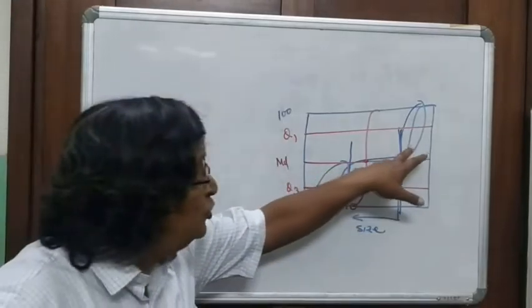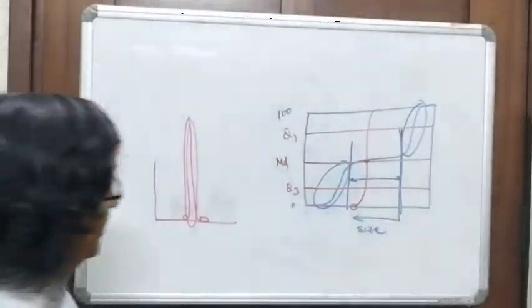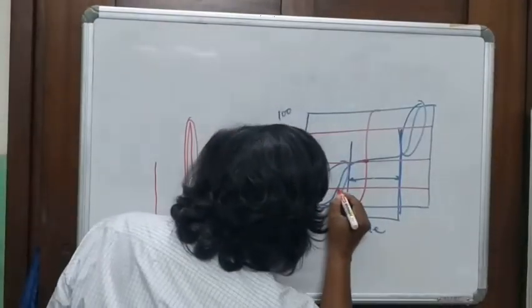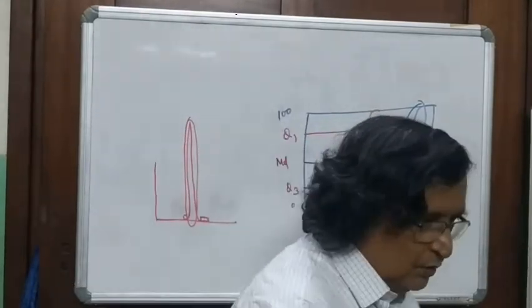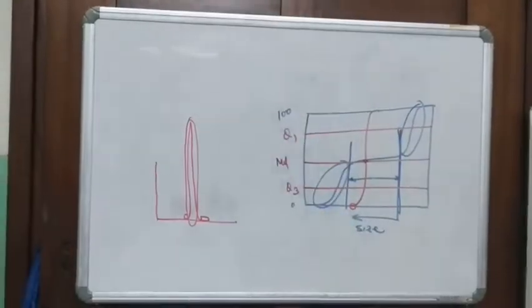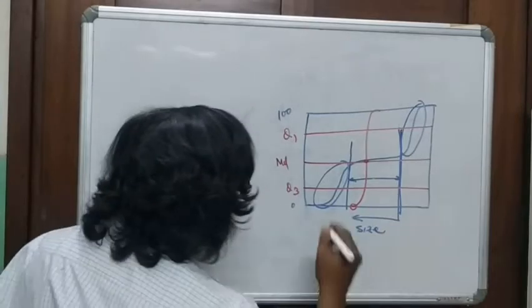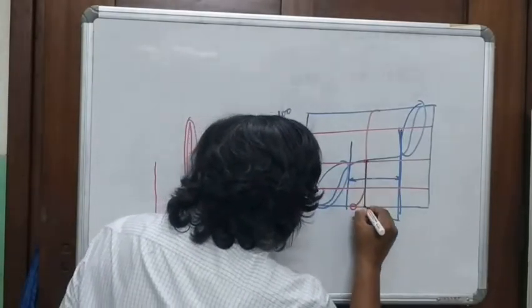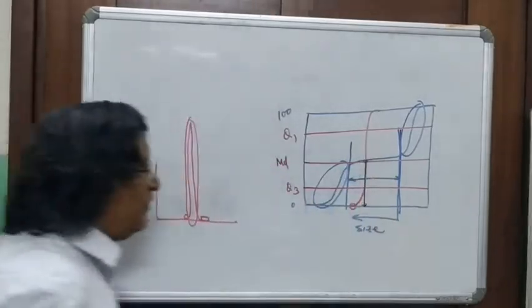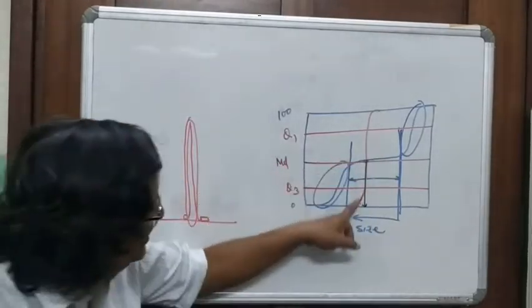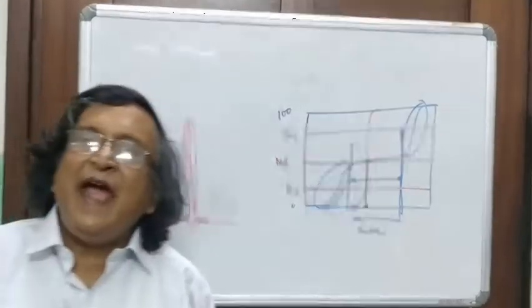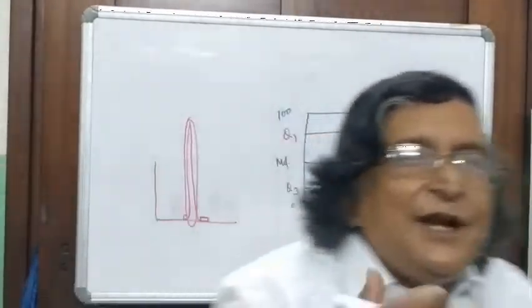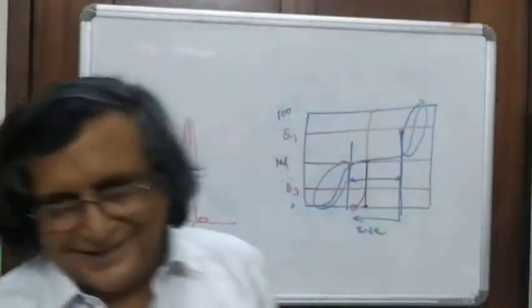As opposed to this blue one. You can see this point here, say for example, this is the problem. This is MD for the blue graph. It is giving you an average size, but there are no grains of that size.